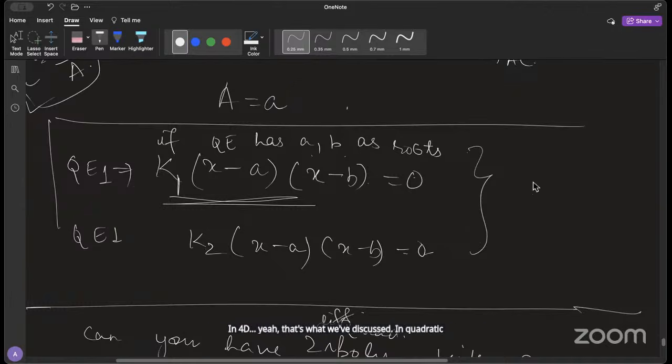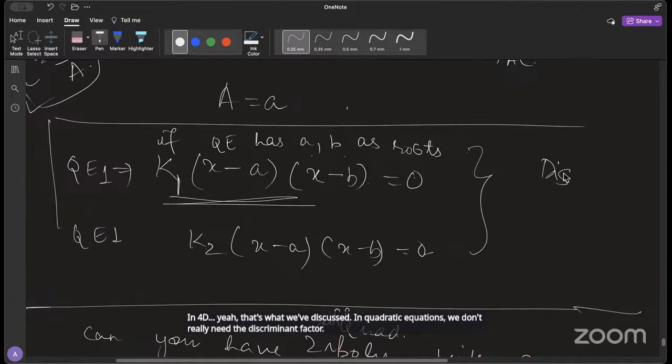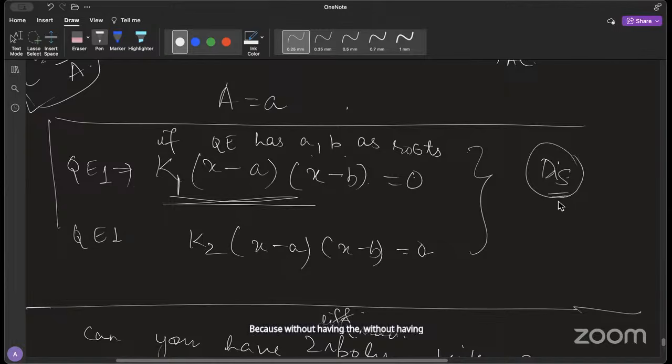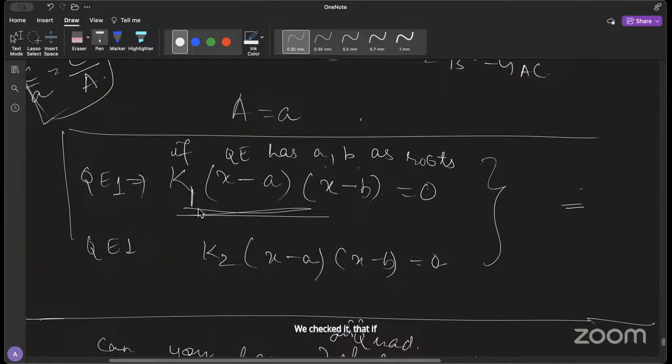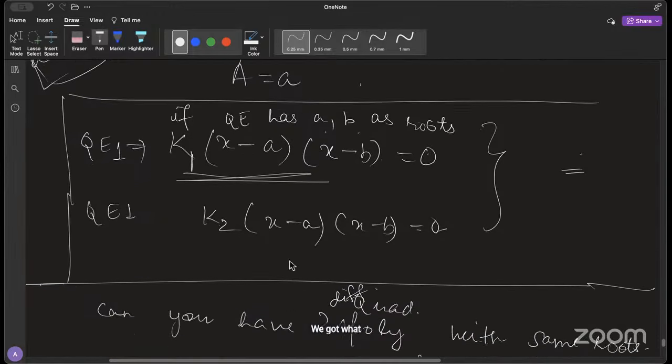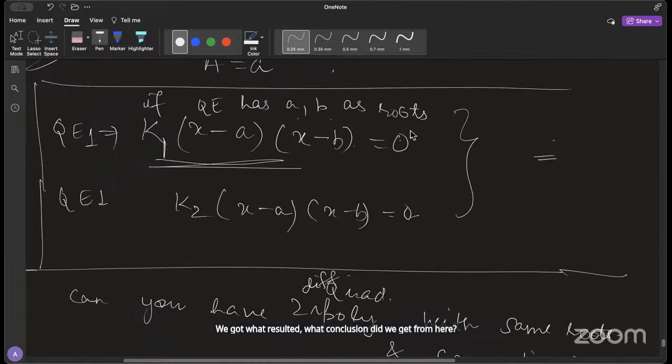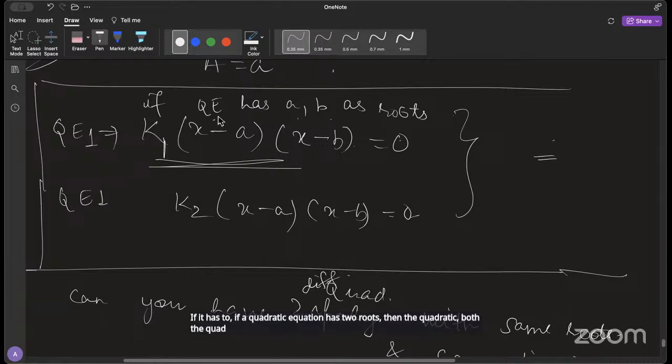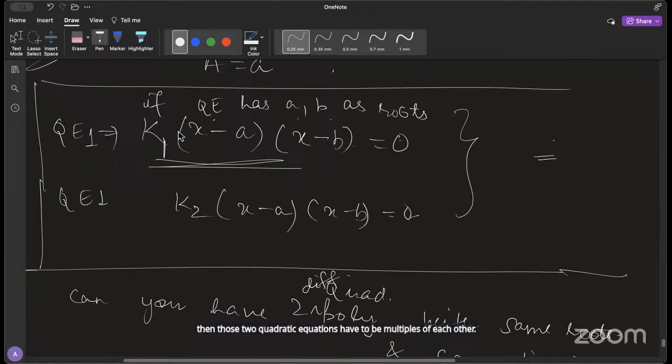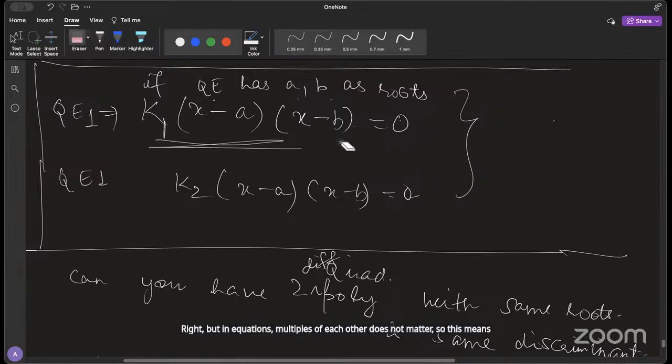In quadratic equations, we don't really need the discriminant, because without knowing anything about it, we can still say that if a quadratic equation has two roots, and two quadratic equations have the same roots, then those two quadratic equations have to be multiples of each other, right? But in equations, being multiples of each other does not matter. So this means they are considered the same, right?